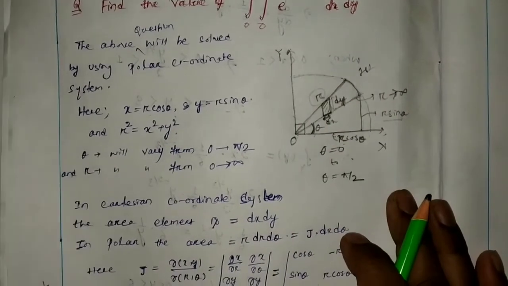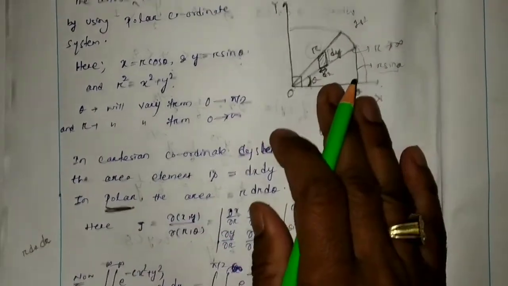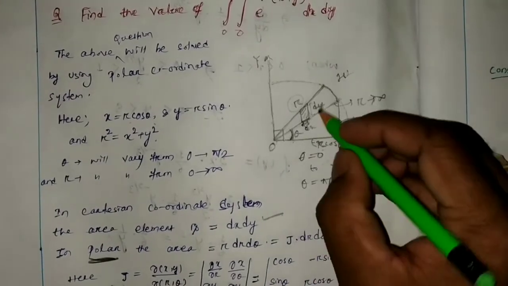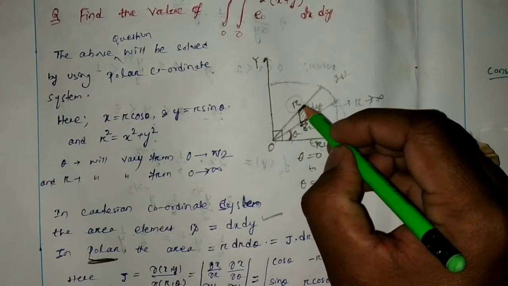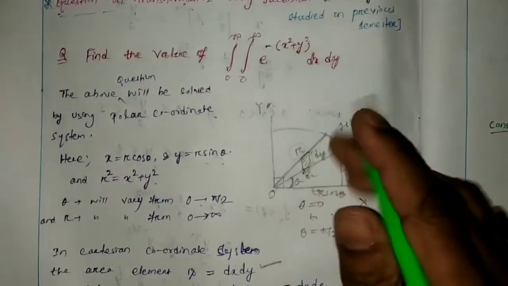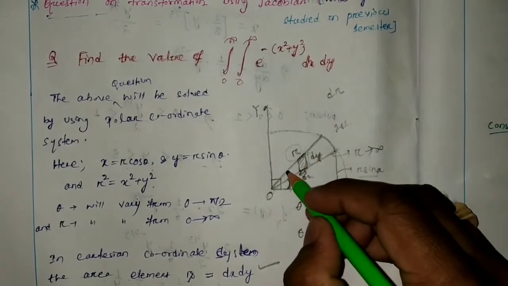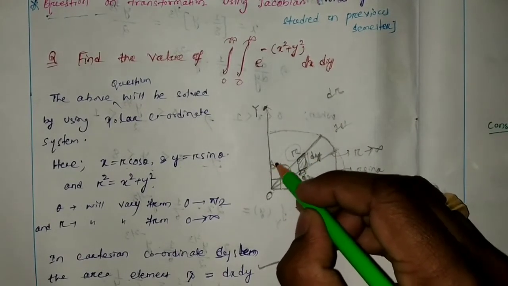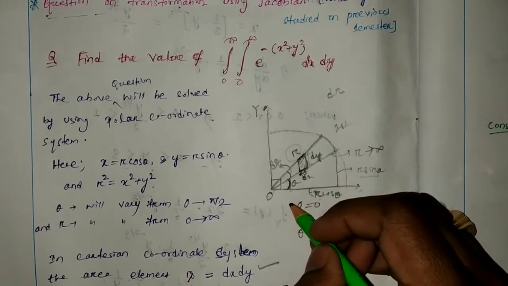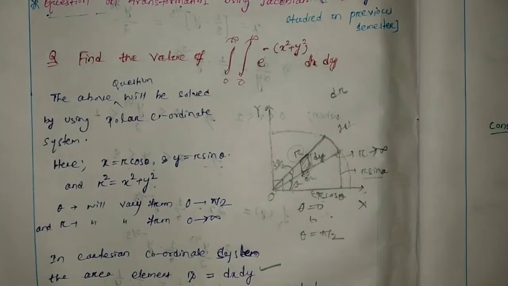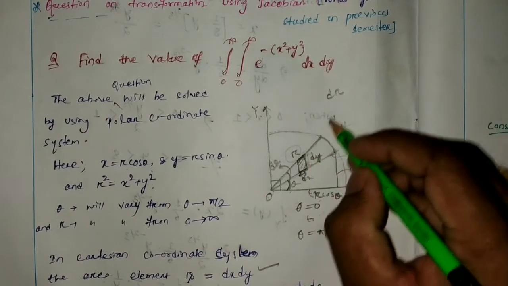But in the case of the polar coordinate system, you can see that this length is your dr. Okay, and if this angle is d theta, small d theta, then this length is equivalent to r d theta.